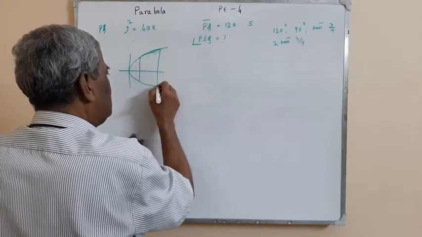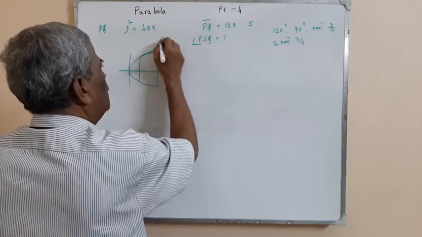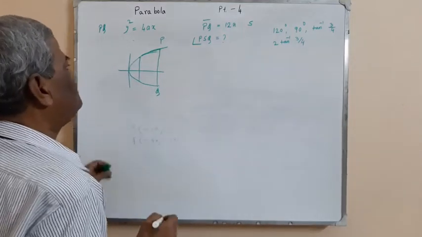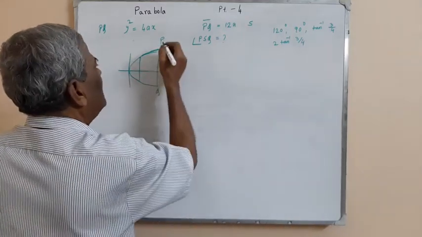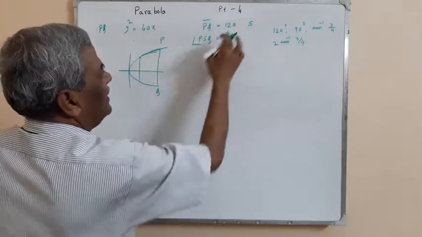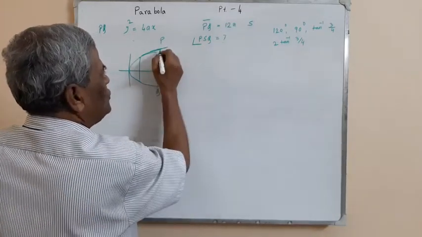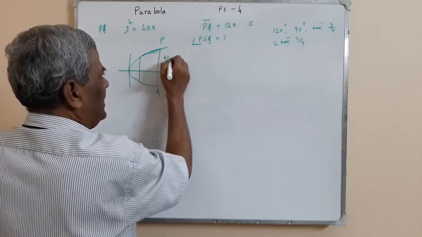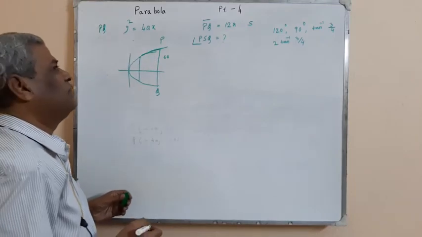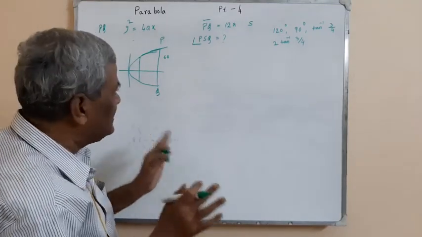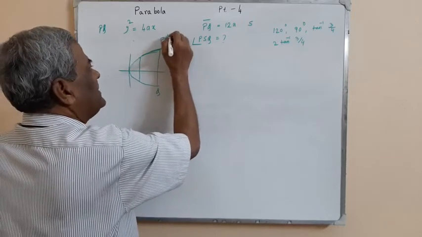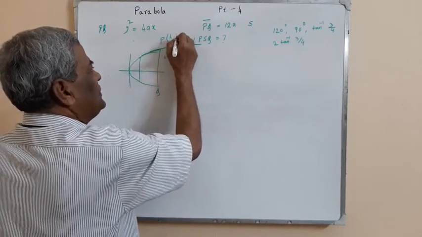Suppose this one is PQ. Because this is 12a PQ, this half is 6a. So the coordinates of P: the y coordinate must be 6a, so let us take it as (h, 6a).